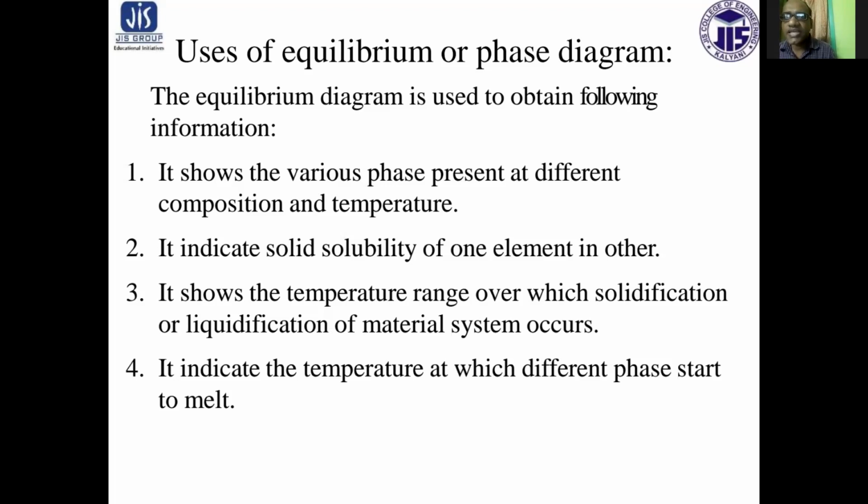Second, it indicates solid solubility of one element in another. Third, it shows the temperature range over which solidification or liquefaction of the material system occurs. And number 4, it indicates the temperature at which different phases start to melt.